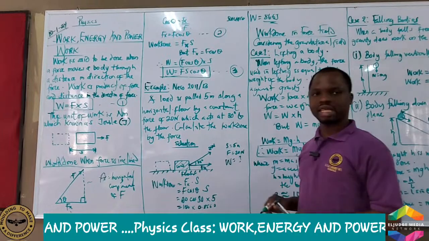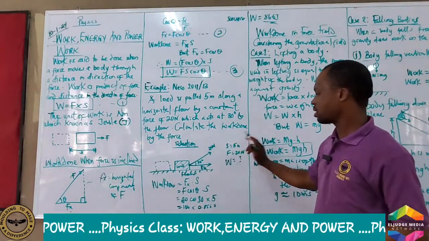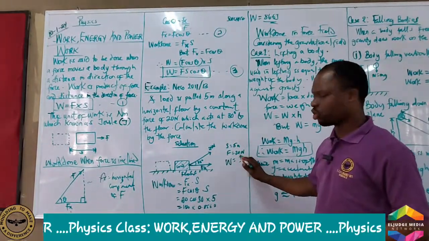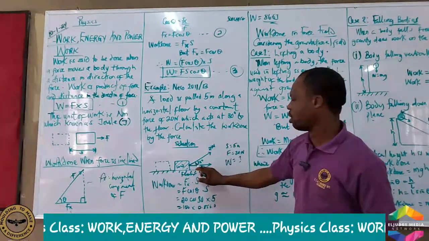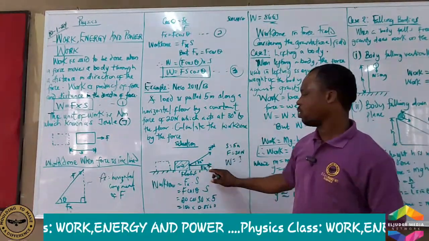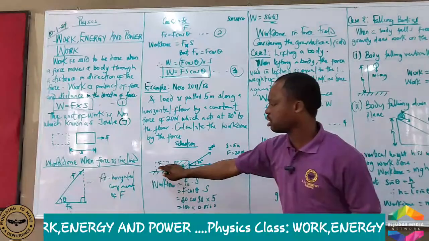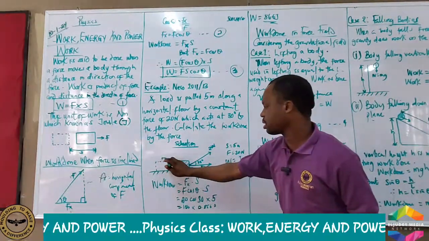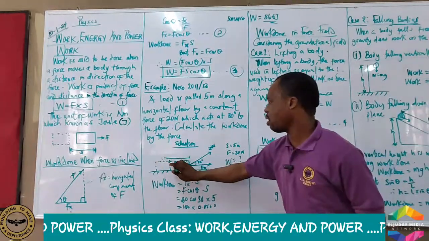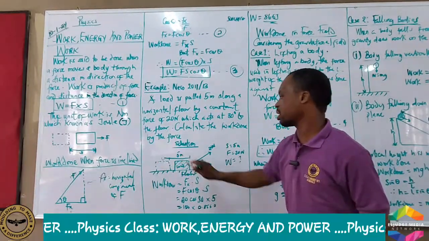We have been given the distance S as 5 meters and the force as 20 Newton. Now, the force was inclined at an angle of 30 degrees to the floor. So we move the load from here to here, and the distance it covered was 5 meters.